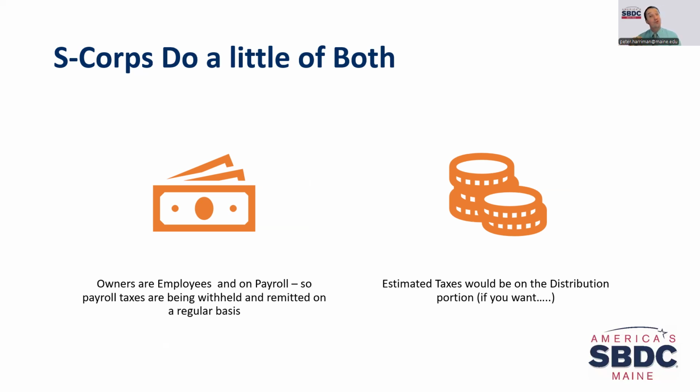Now, I say if you want, because as I said before, because you have an employee, you could also just move that over and just pay more throughout your payroll and pay the estimated taxes that way and not have to do two systems. So again, you'd have your regular withholdings and just add more into that to cover the estimated taxes on the distribution. So a little trick for the S Corps.